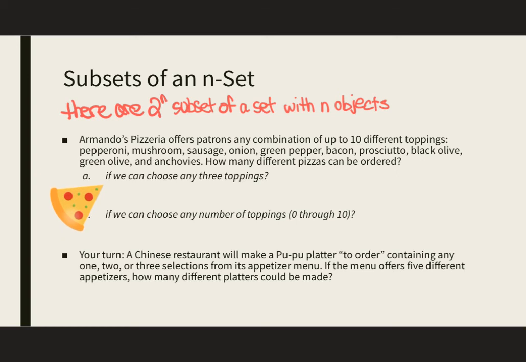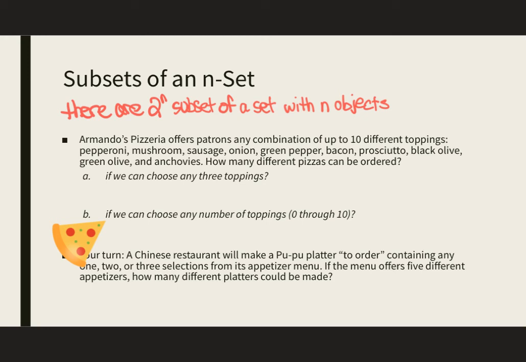Some people would say yes, like the taco situation, but ultimately, it does not matter. But if we can choose any number of toppings, 0 through 10, that's a different situation. That is using the definition I gave you, 2 to the 10.